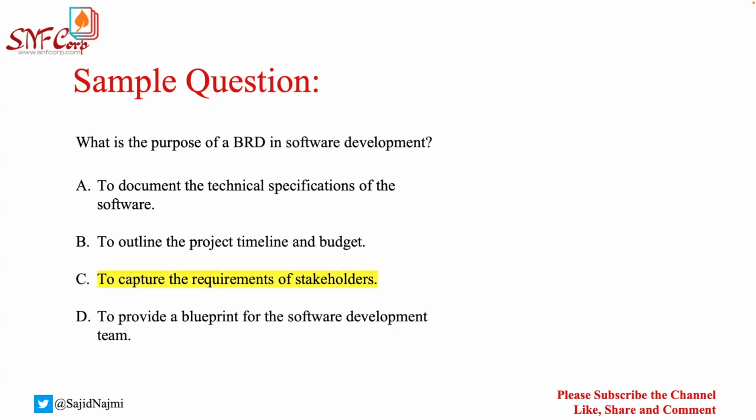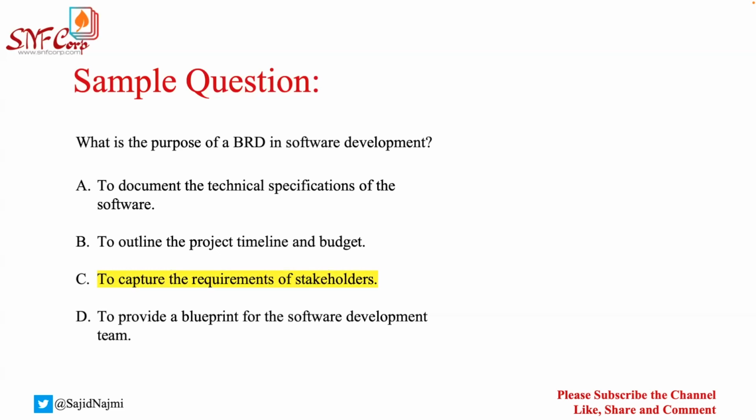C, to capture the requirements of stakeholders. A blueprint is something different. A blueprint is not the requirement documentation. It's like you're giving a high level view, something that the customer can feel. This might be a document as well, but this is certainly not a business requirement document. So you are writing the business stakeholders' requirements there. You're not writing the timeline and budget.